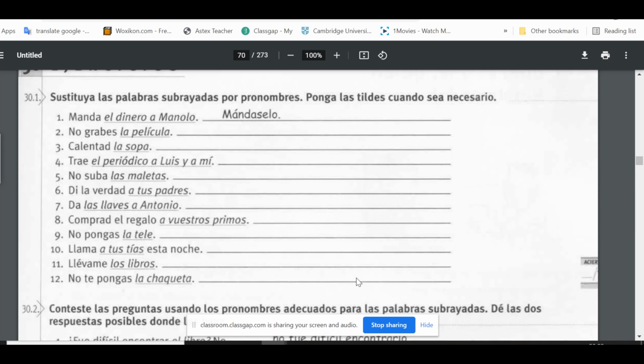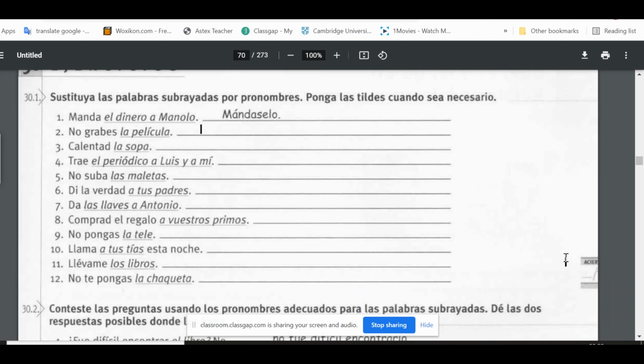So for example, manda el dinero a Manolo. Mándaselo. So se is a Manolo, and lo is el dinero here. Okay, no grabes la película.